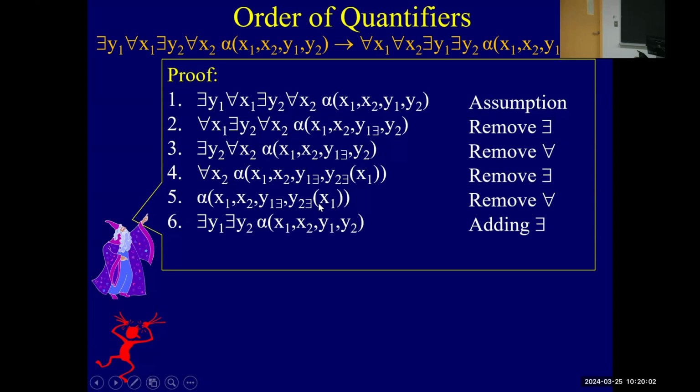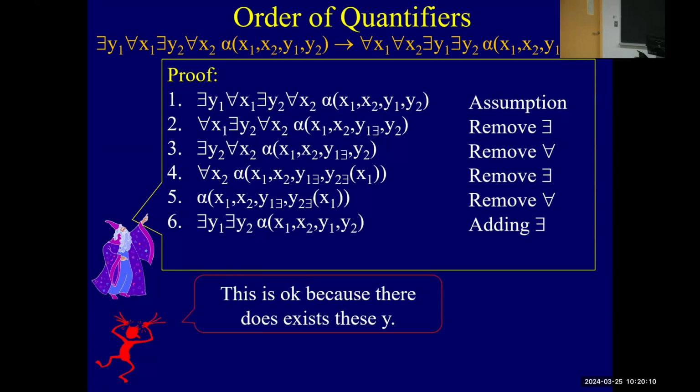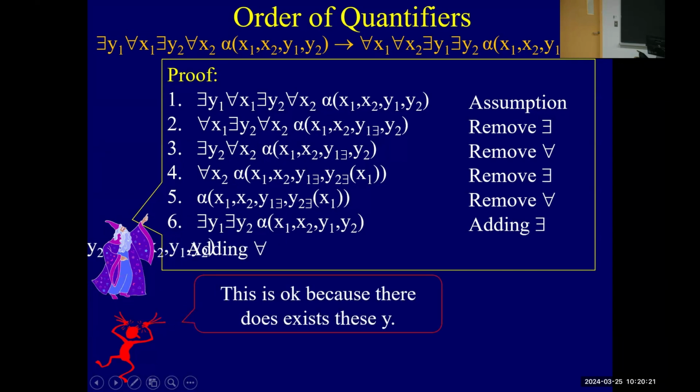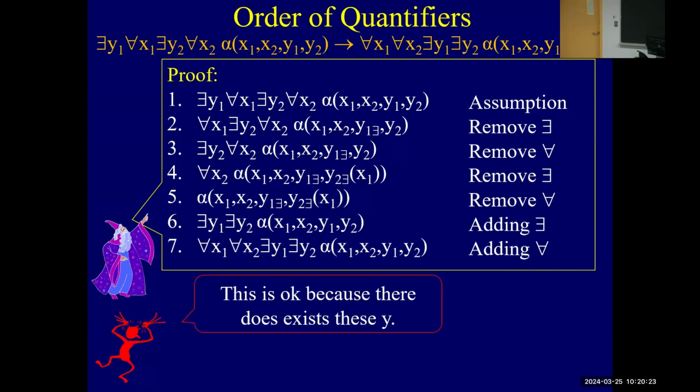But it doesn't depend on a for all, so we can add the exists, right? And that subtlety again is where, am I going to remember the rule or am I going to remember the meaning of this and the meaning of this, right? And so then you can add the for alls back, right?